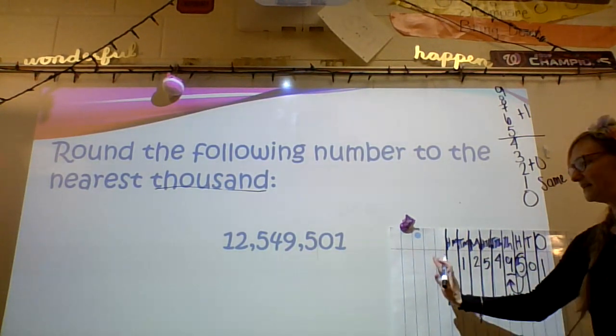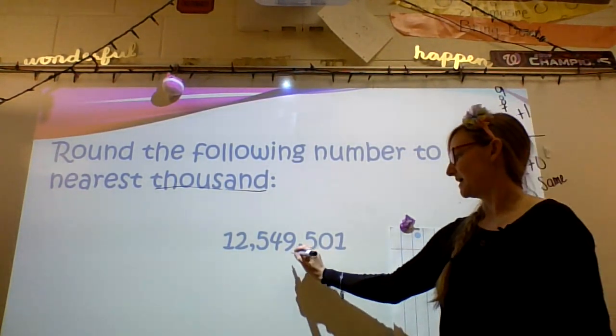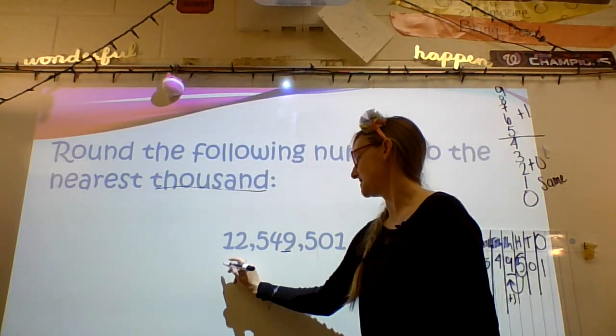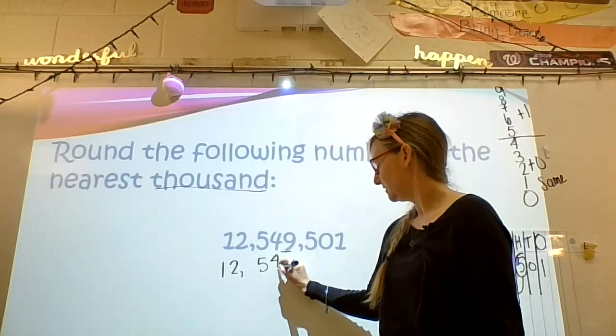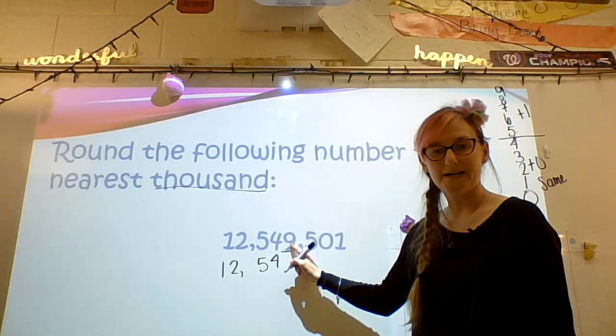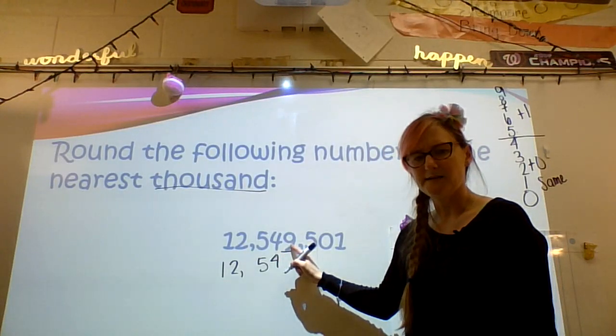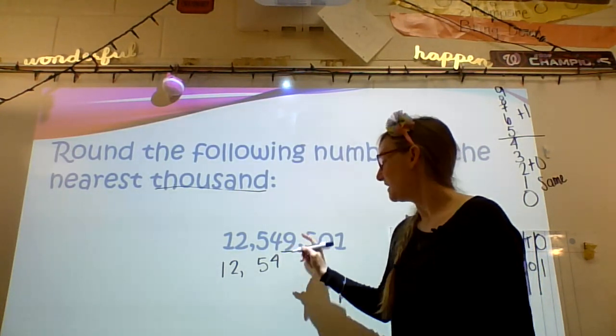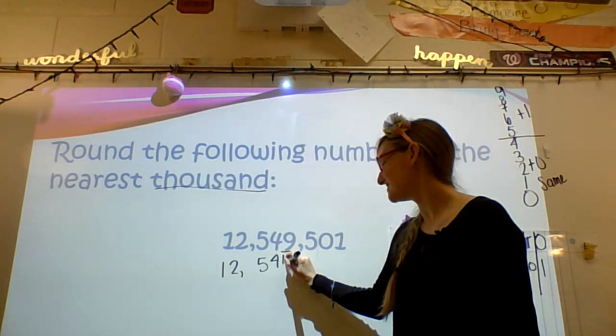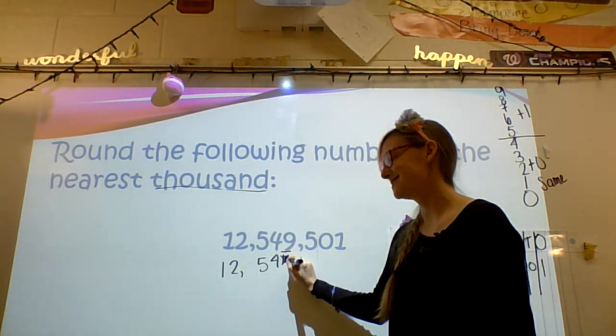Everything to the right of the number that I underlined is going to stay the same. So this would be 12,500,004. When I get to this 9, I saw that it was plus 1. What is 9 plus 1? 9 plus 1 is 10, but I can't squeeze a 10 in there. That's not going to work.